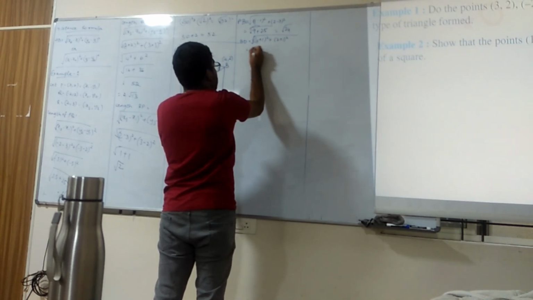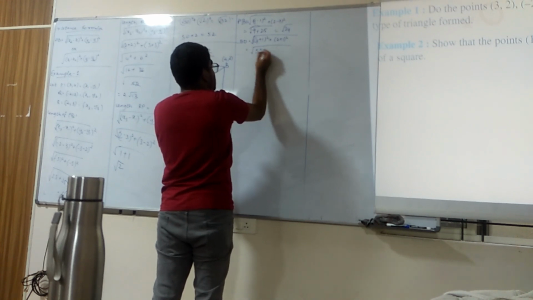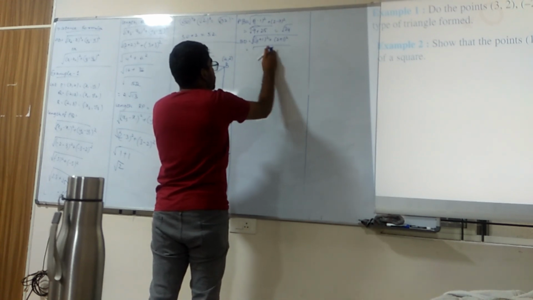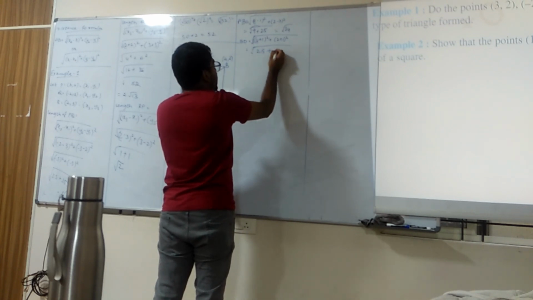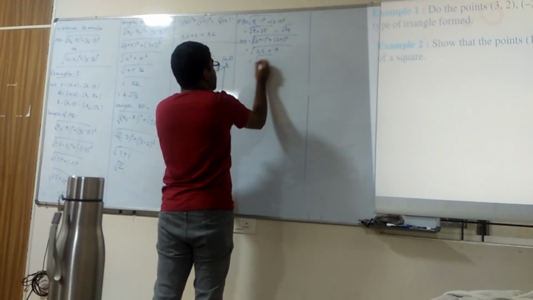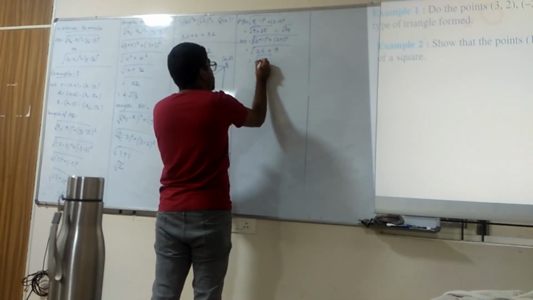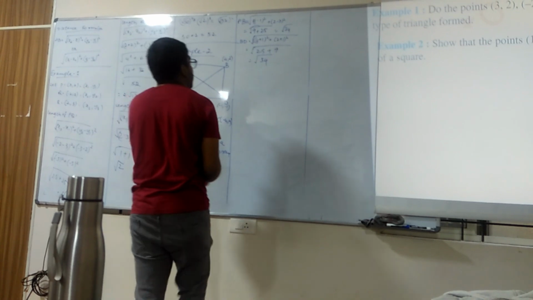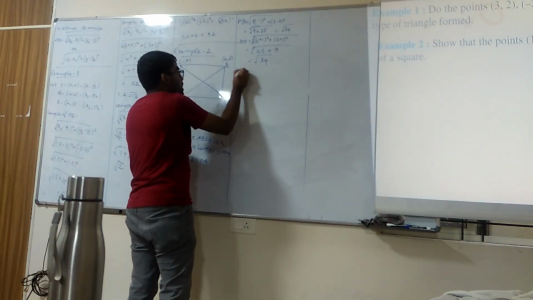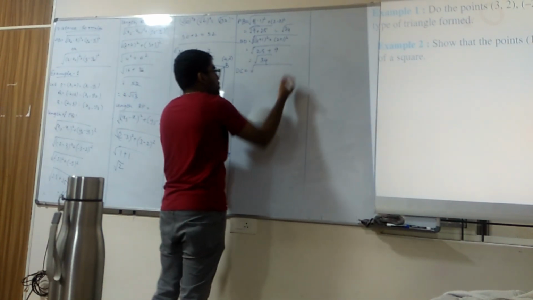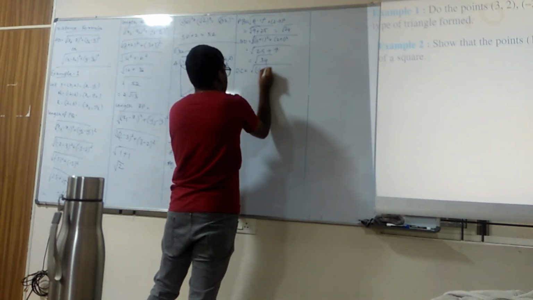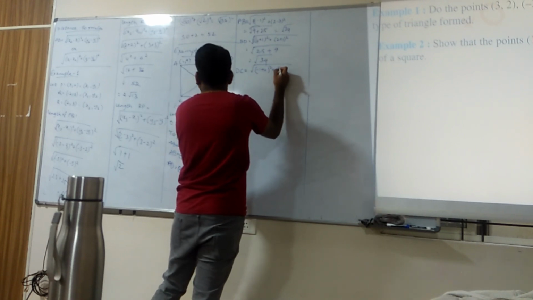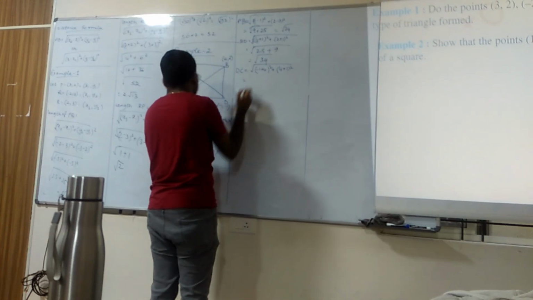That means 4 plus 1 is 5 square, that is 25. Root 25 plus 2 plus 1 is 3 square, 9. Again, root 34. Okay, let me find BC. Root of (minus 1 plus 4) whole square plus (4 plus 1) whole square. Okay?